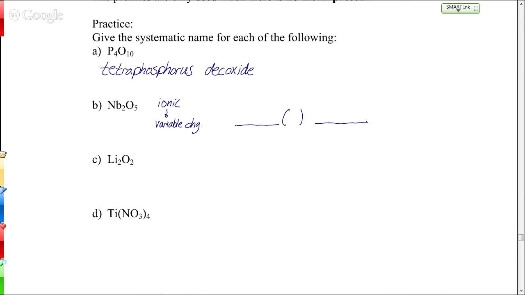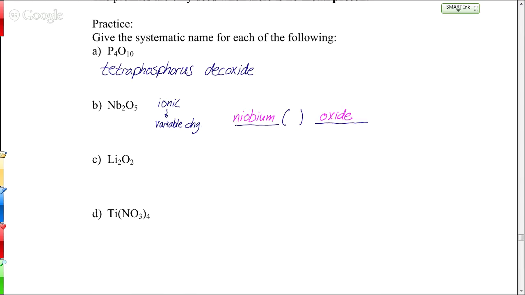So in this case, we know a couple of those. We know that that's going to be niobium something, and then this is going to be oxide. So our last part of the name is just figuring out what goes in those parentheses. So how do you figure that out?